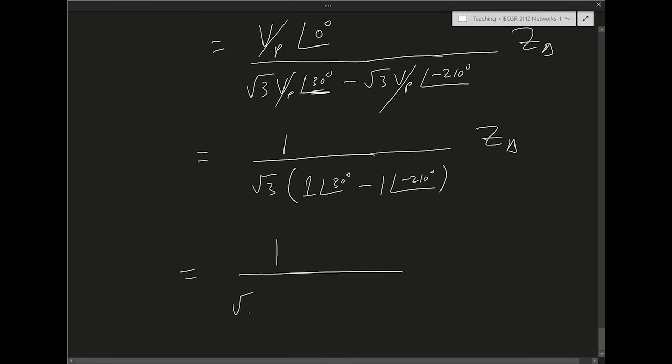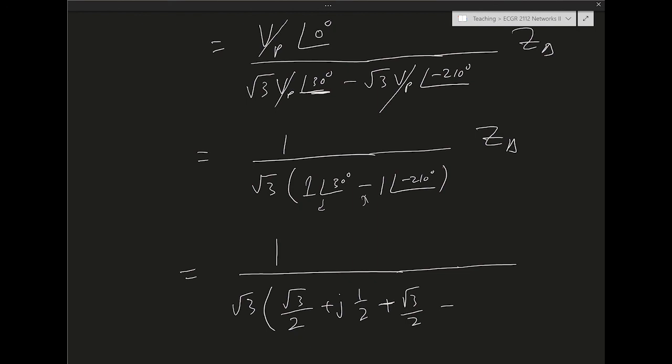It's going to be square root of 3 times, now this is just cosine 30, which is square root of 3 over 2, plus j sine 30, which is half, and then minus cosine minus 210, which, if you get out the calculator, turns out to be minus square root of 3 over 2, but minus minus becomes plus square root of 3 over 2, and then minus j sine minus 210, which turns out to be j half.